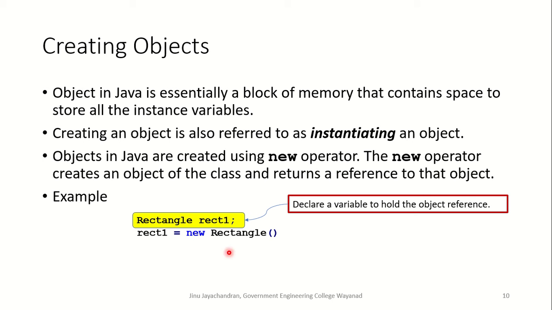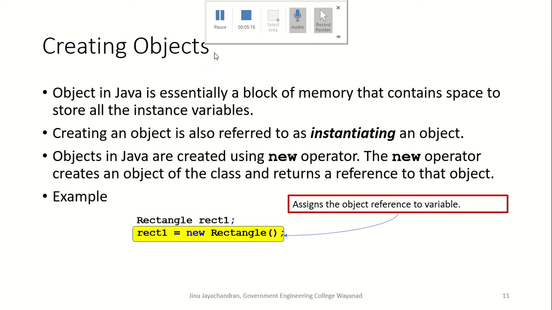If you take this example, Rectangle rect1, this doesn't create an object, it only declares a variable rect1, and it will not be allocated memory. It just says that you are declaring a variable rect1. So when is the object created?